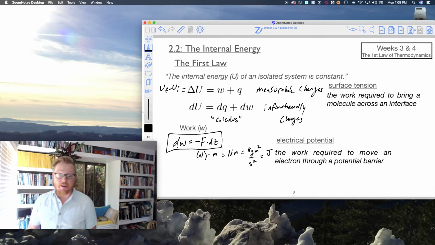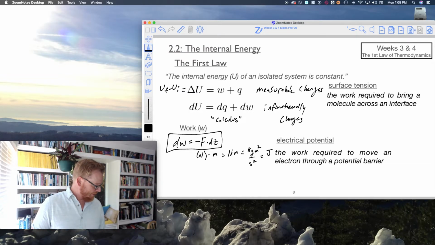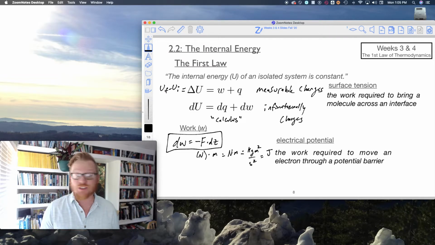There's a couple other definitions of work that I'll just use as examples. One of those is actually surface tension. And so you might be used to the definition of surface tension that says the resistance a liquid has to spread its area, okay? Well, another definition of that is the work required to bring a molecule across an interface, right?